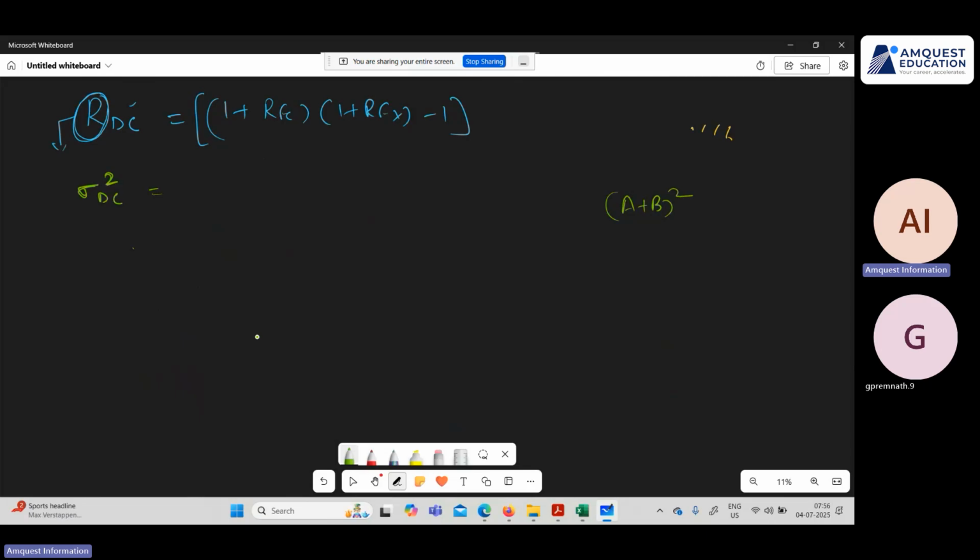So can I say that this is going to be, let's say, w square RFC sigma square RFC, so I'm using weight and then sigma, of the foreign currency, plus w square RFX sigma square RFX plus 2 WFC WFX sigma FC sigma FX, and then the correlation between RFX and RFC. We understand this part, right?